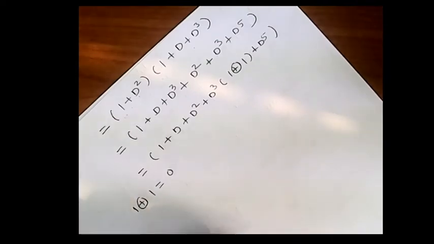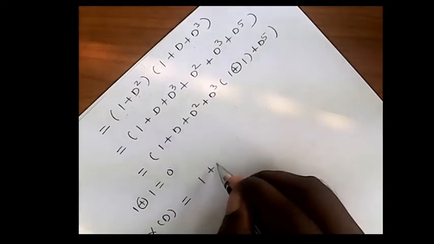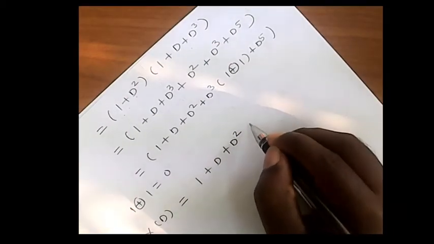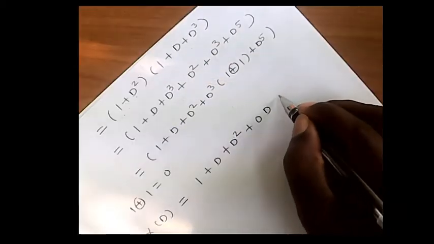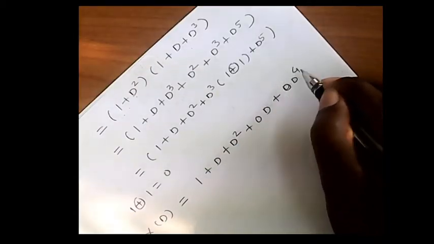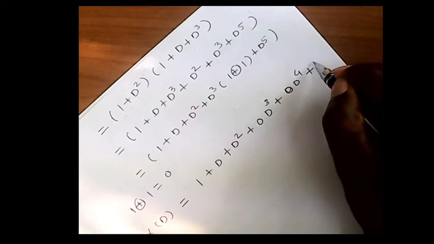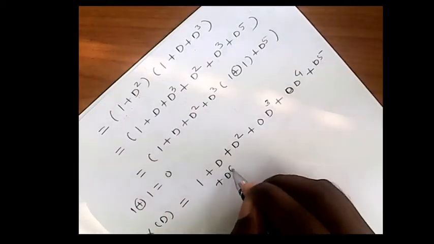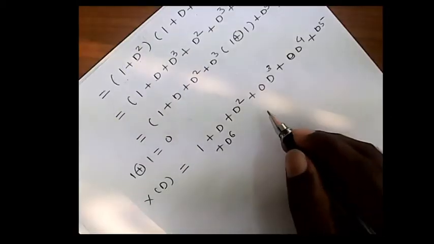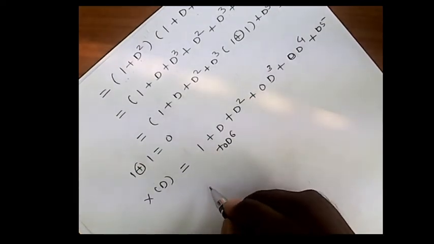So we get X(D) = 1 + D + D^2 + 0·D^3 + D^5. Here the code word polynomial length is 7. So we can write down the code word.